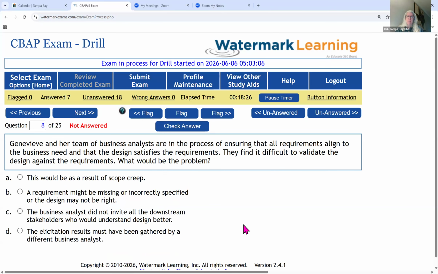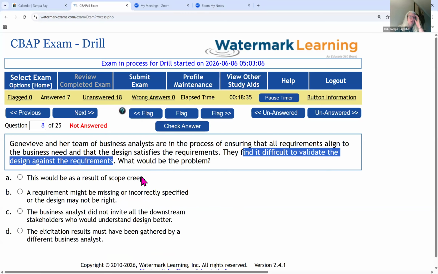So the BABOK talks about this, that if you do find it difficult to validate these, this is typically the problem. So this would be a result of scope creep. The requirement might be missing or incorrectly specified, or the design may not be right. The business analyst did not invite all the downstream stakeholders who would understand the design better, or the elicitation results must have been gathered by a different business analyst.